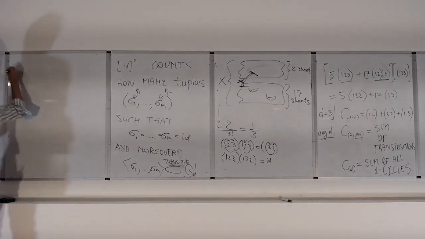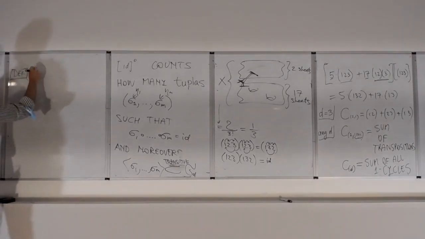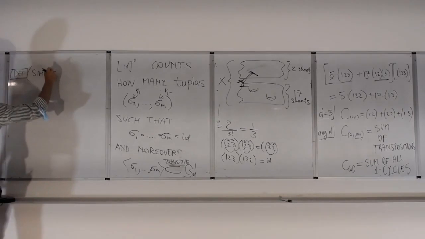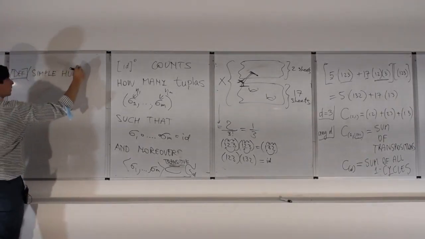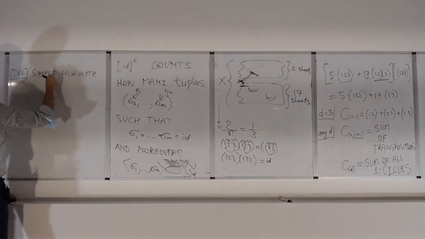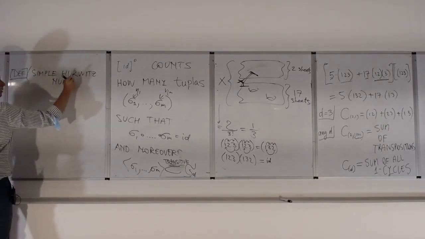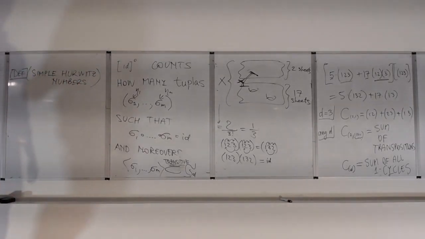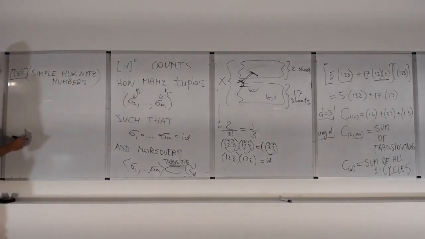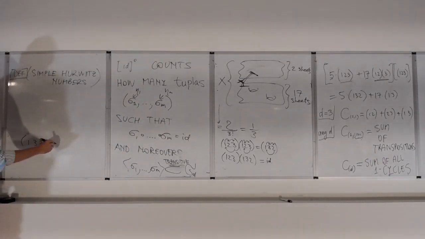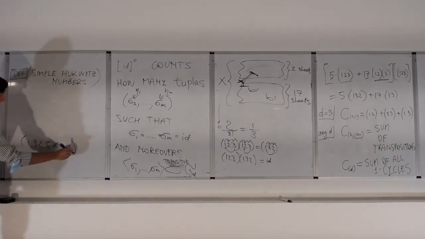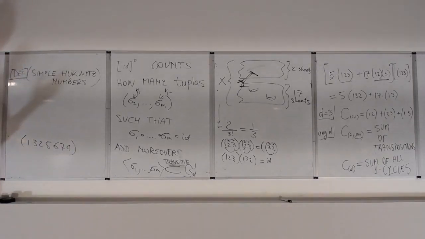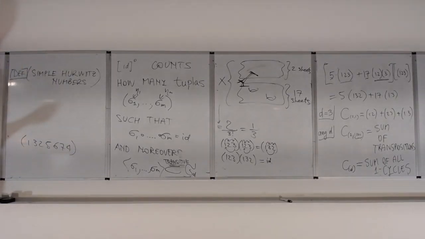You can define simple Hurwitz numbers. What do you mean by 1 cycle? Just 1 cycle. I would call that a 7 cycle.